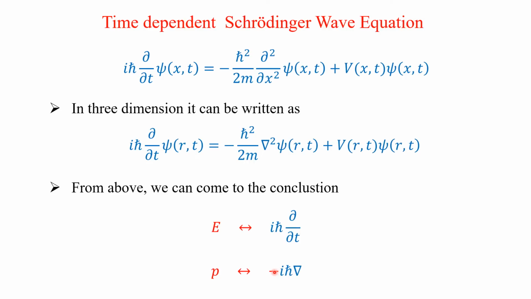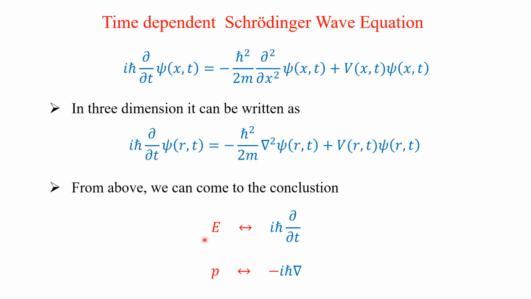If you square it, minus of minus will become plus, and i squared will be minus 1, so you get minus h cross squared del squared. That is the square of the momentum operator.